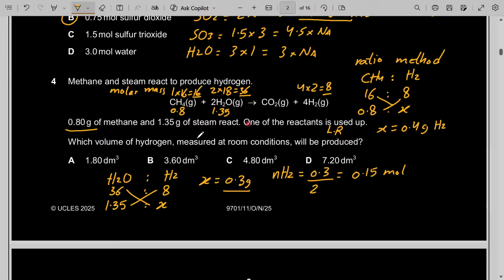And we remember the relationship between the volume of the gas versus the mole. 1 mole of a gas at room temperature and pressure is equivalent to 24 dm³, which means 0.15 mole will be equivalent to, just do the calculation, 3.6 dm³.